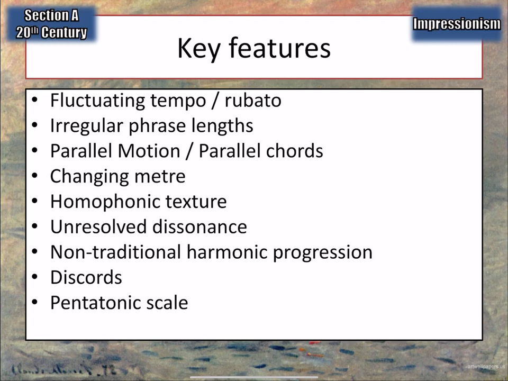Just maybe something to note is the idea of irregular phrase length. Quite often we've talked about balanced phrases, particularly in classical music. So you might have a 4-bar question phrase and a 4-bar answer phrase. Here we're talking about phrases of different lengths, so it doesn't have to be balanced and symmetrical. Anyway, if you haven't done so already, press pause and get these things down.